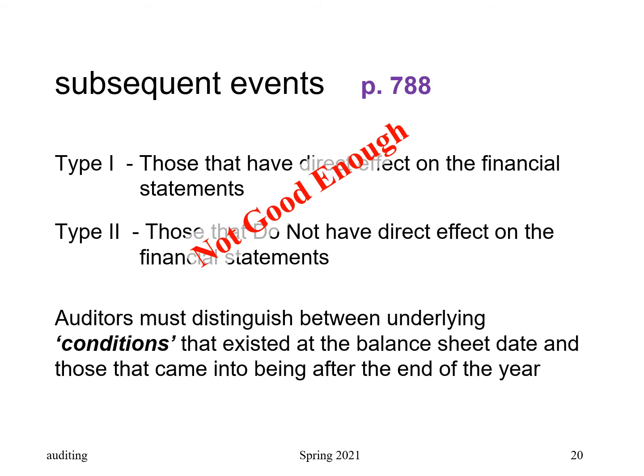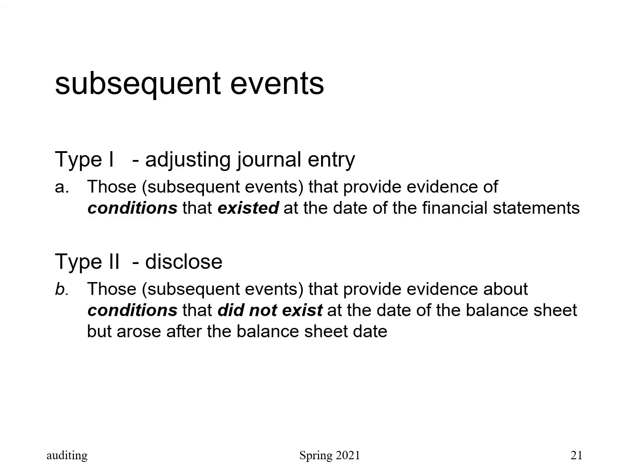This isn't good enough. Now it does say auditors must distinguish between underlying conditions that existed at the balance sheet date and those that arose after the end of the year. That's the key thing there, the underlying conditions. So here's what I want when I ask for this on the final.